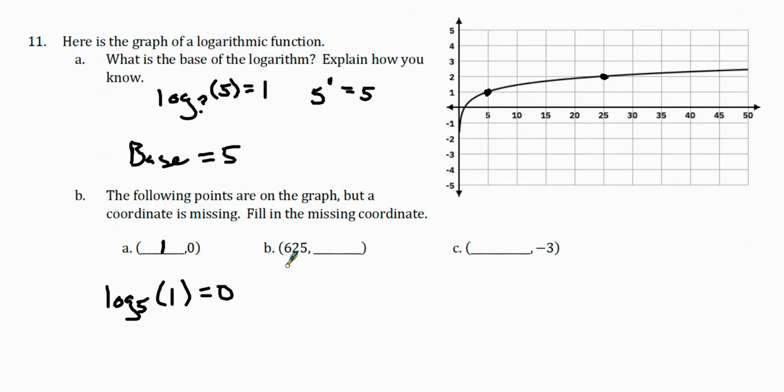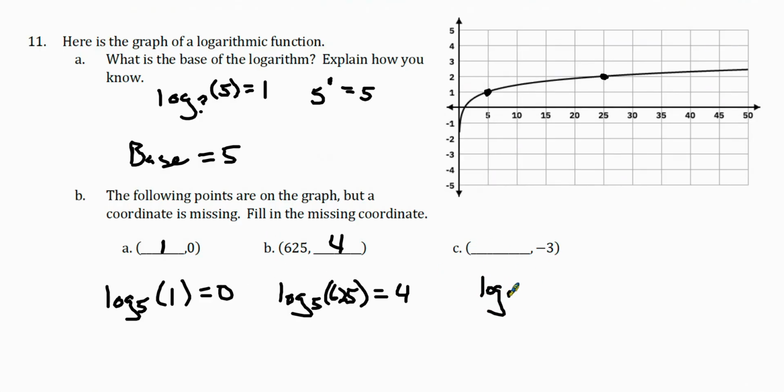This one, we're thinking backwards now, right? So now I'm thinking I have the x value, so this would be log base 5 of 625 equals what, right? So we could just put this in the calculator or think 5 to what power equals 625. Well, it ends up being 5 to the 4th power. And then the last one, kind of like the first one, right?